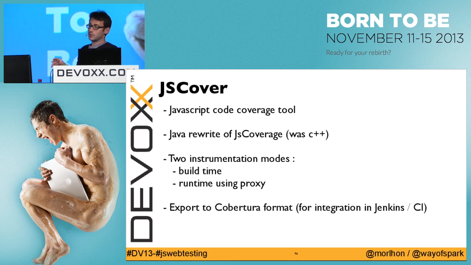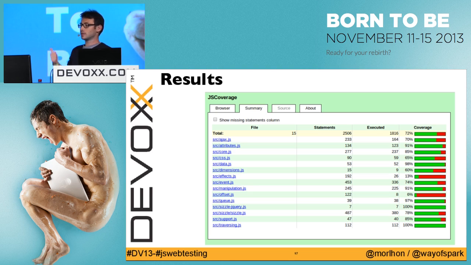And the runtime mode appears to be easier, but in real situations, you have to ask every browser accessing the test to use the proxy, which means starting the proxy, starting the browser, configuring the browser with the proxy. Sometimes it's even harder than the build time mode.